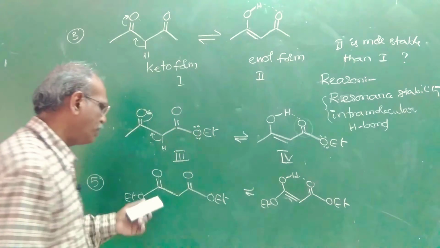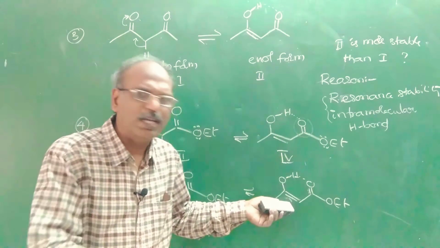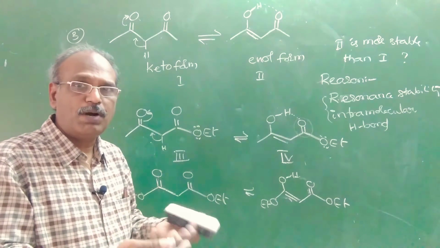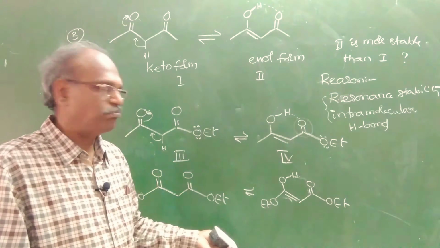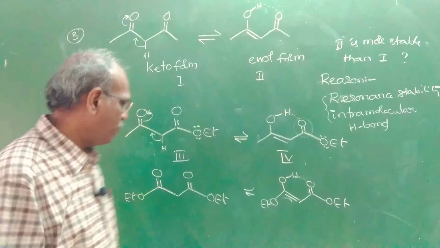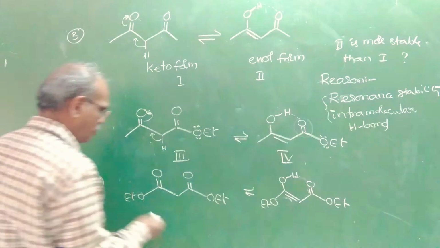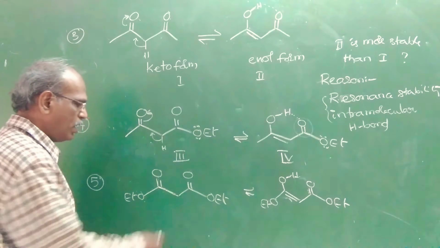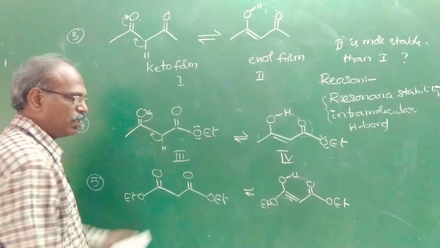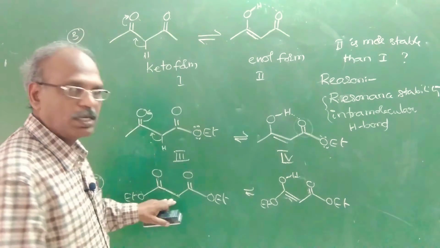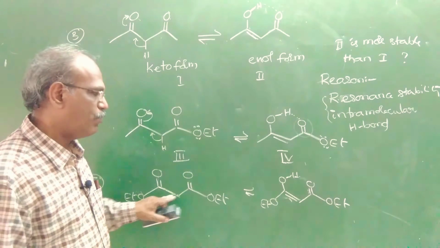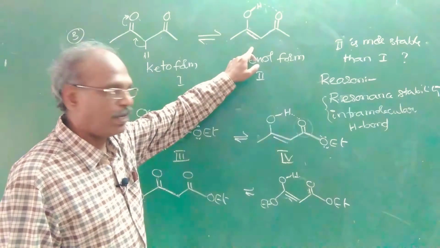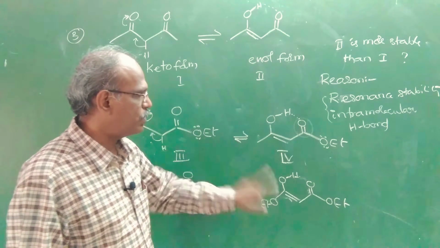It is almost nil, about 10 power minus 3%, negligible. For a similar reason, because of cross conjugation, the stabilization of this is less, and also the enolization of this is a little less when compared to this. These are the different factors. So among these, its percentage is highest, next to this one, next to this one.